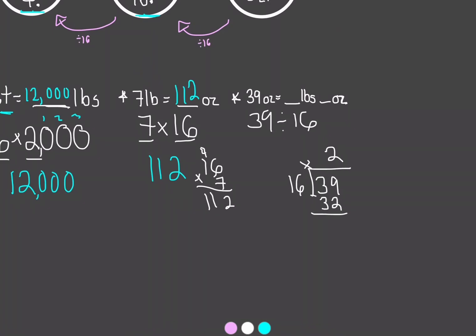I subtract, and I get 7 as a remainder. Now, I'm actually going to use my remainder because the quotient is how many pounds, meaning I could divide 16 into 39 twice perfectly, and this remainder is going to be my leftover ounces that didn't work in perfectly.